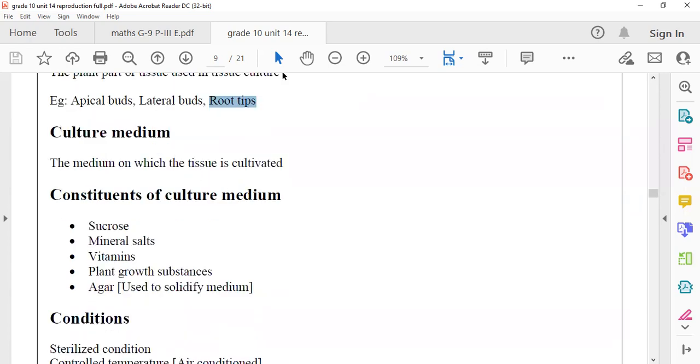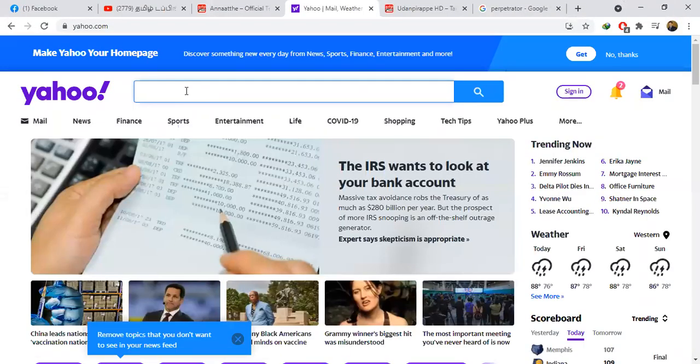You know, there is a culture medium here. One of the most important parts here is the culture medium. When you consider it, it is a tissue culture medium. I will show you here.